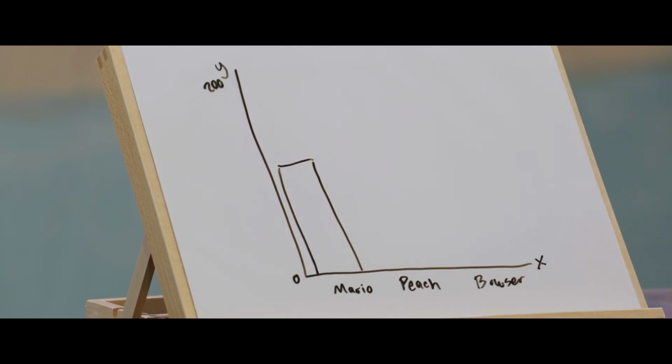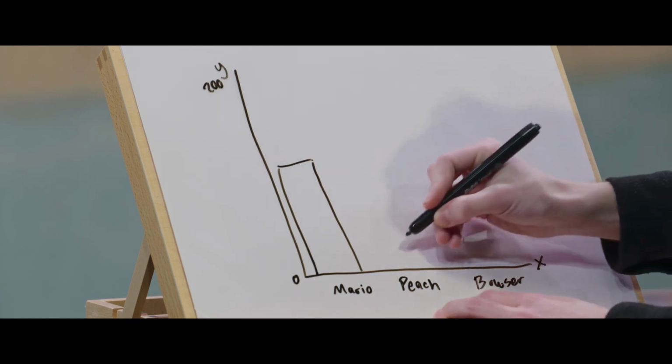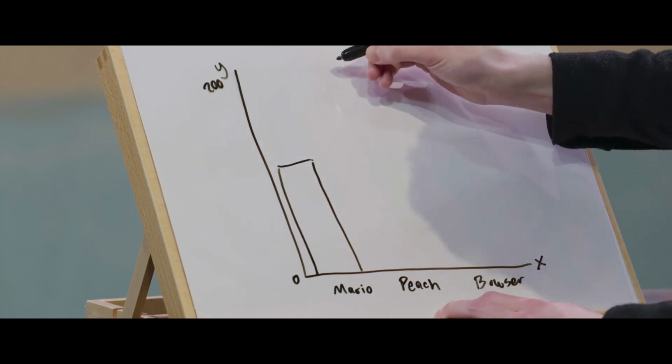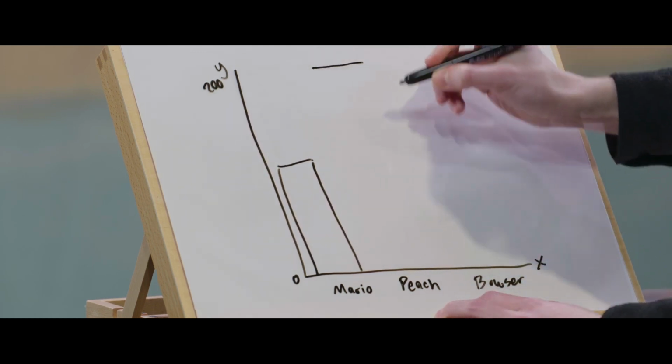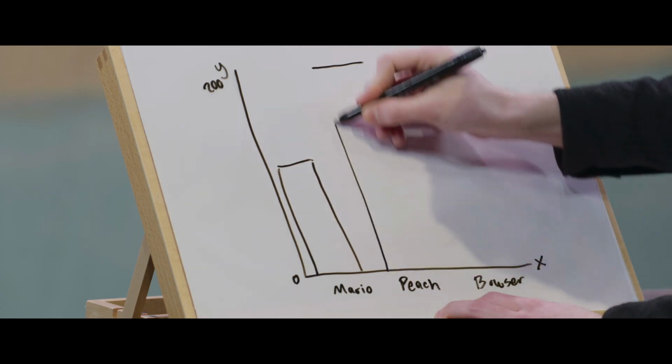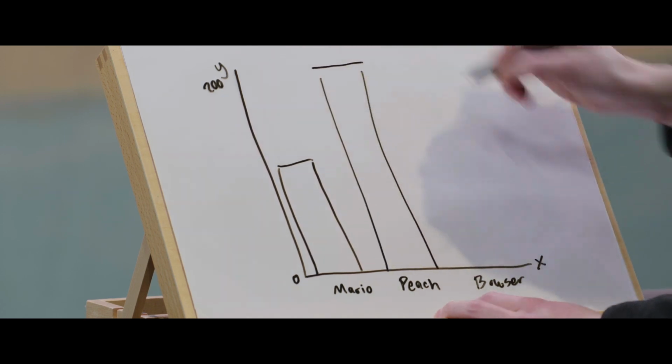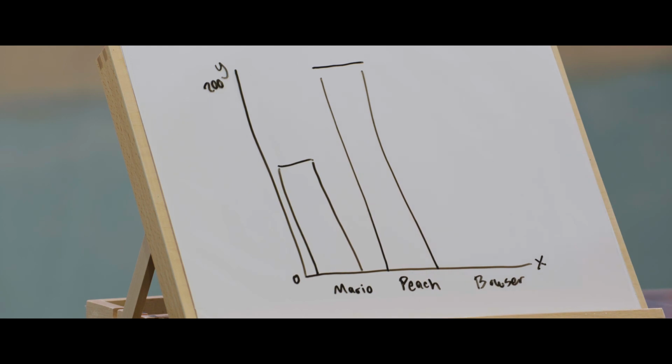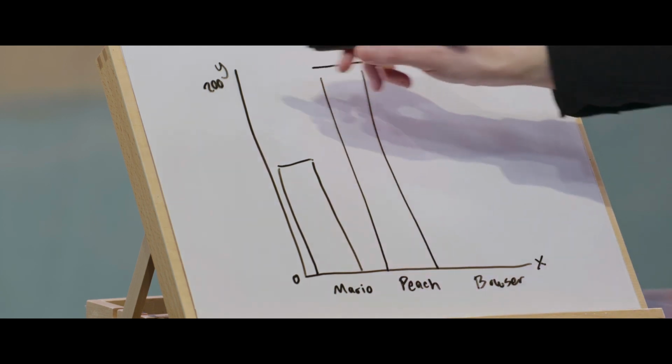That's Mario's column. Now I want to draw Peach's column. Peach had 200 votes. I'll make Peach's column go all the way to the top of our y-axis where we put the 200 votes, and I'll make sure that column reaches all the way up there. And finally, for Bowser, Bowser had 150, somewhere between Mario's 100 and Peach's 200.